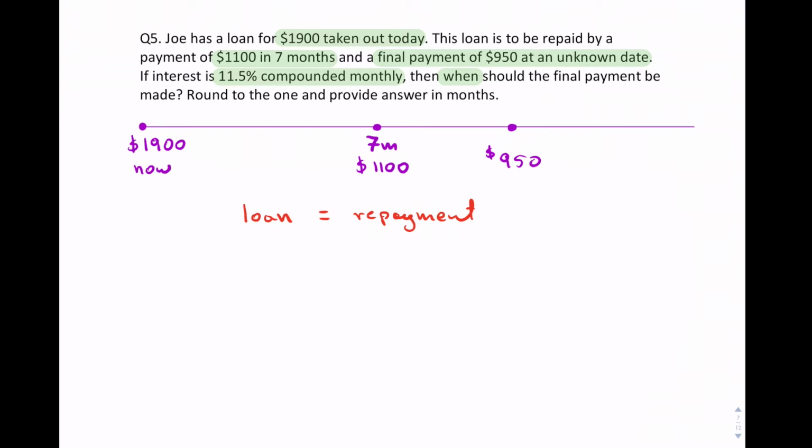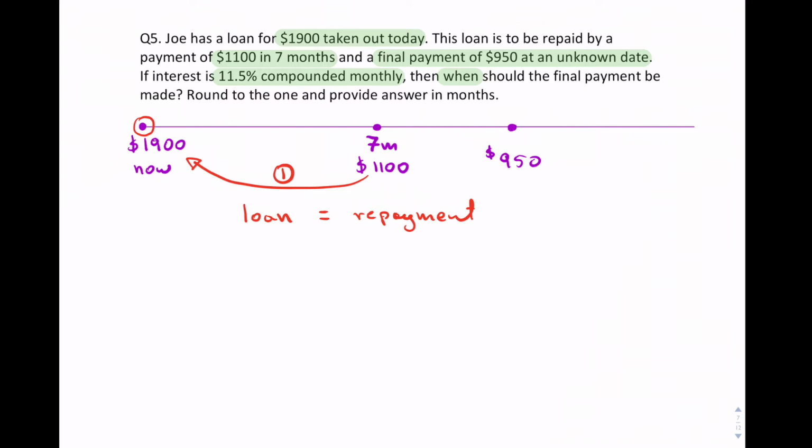Just for convenience, I'm going to choose now as my focal date, so that I can bring this payment back. That will be number 1, to repay some of that loan.